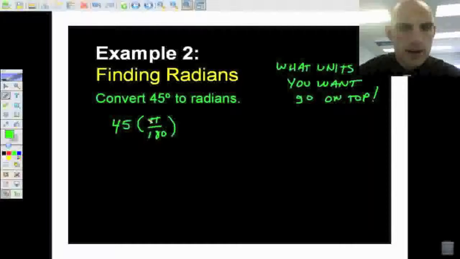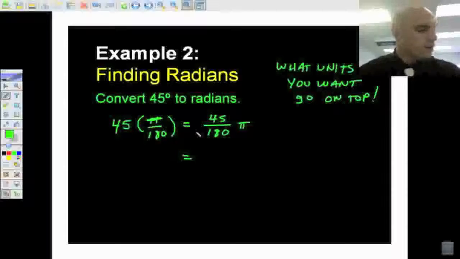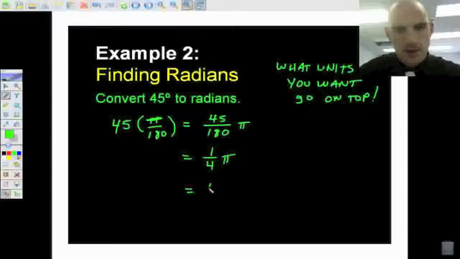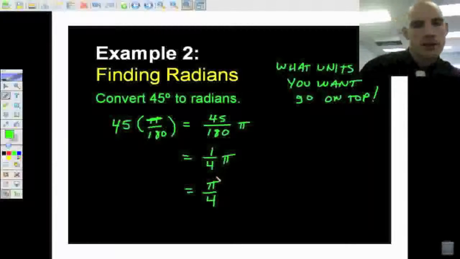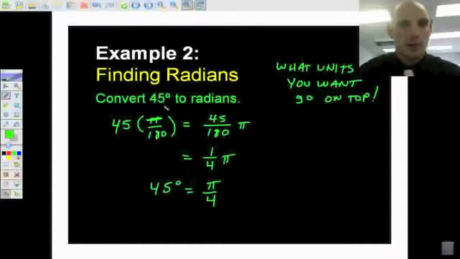In this case I want radians, so pi is going to go on top. So I'm going to get 45 over 180 times pi. I'm going to reduce my fraction. I know that 45 is going to go into 180 one-fourth of the way. So I'm going to have 1 over 4 pi, and that's going to be pi over 4. So you see how this works. 45 degrees equals pi over 4 radians, because I multiply by my conversion factor.